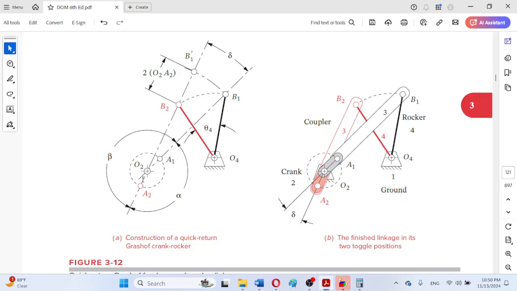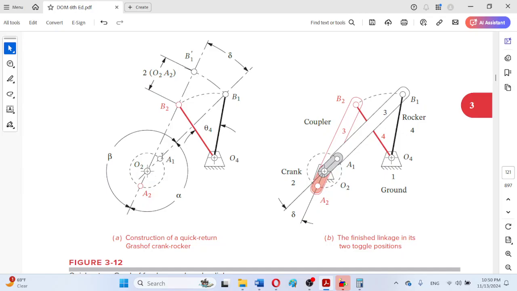So we will be opening the compass equal to the radius A2 O2, and at this center we will be describing this circle, and this circle will be intersecting this line O2 B1 at A1. So these are two extremes of the crank.